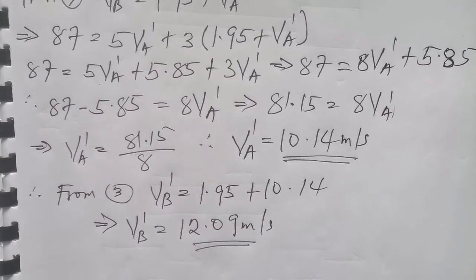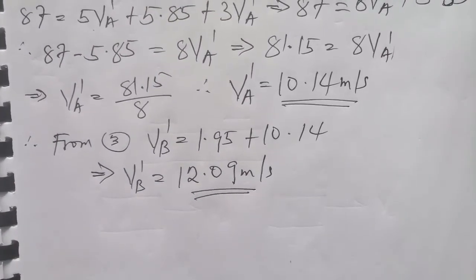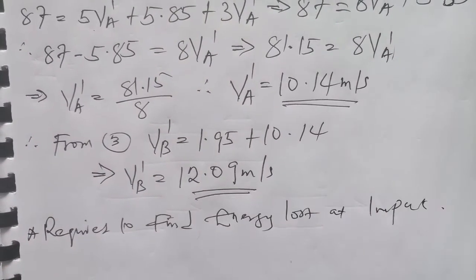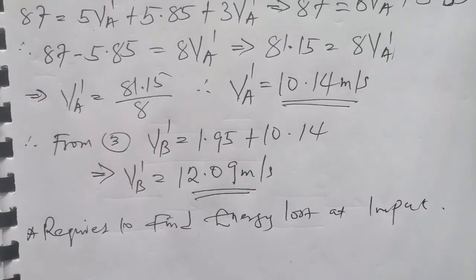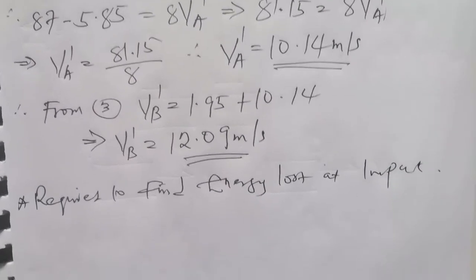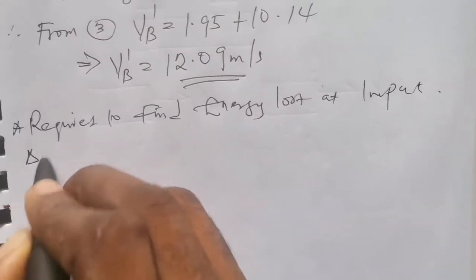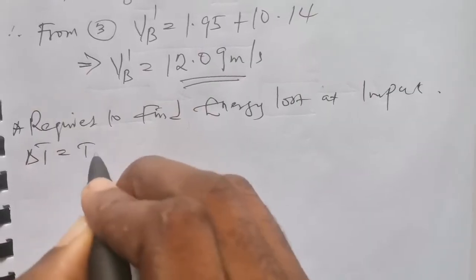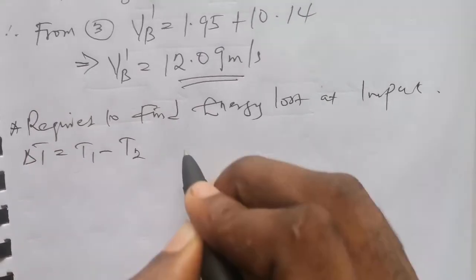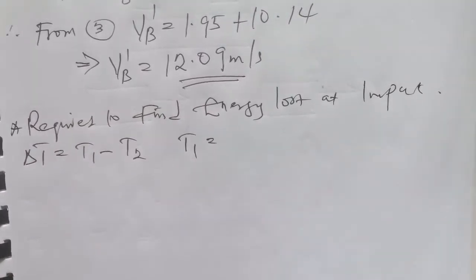Now the next question is asking us to find the energy lost during impact. The energy lost, change in T, is simply given as T1 minus T2, where T1 is the initial kinetic energy before collision.